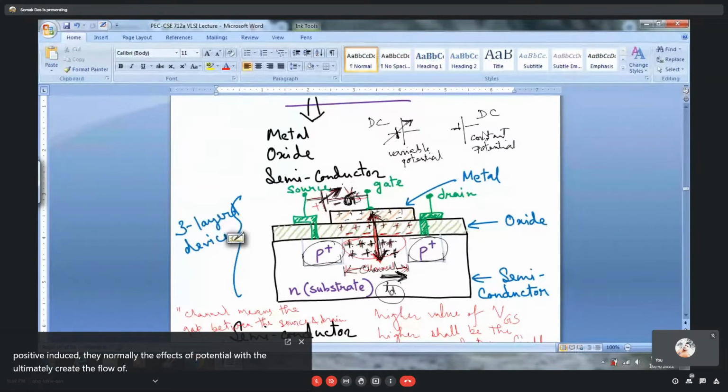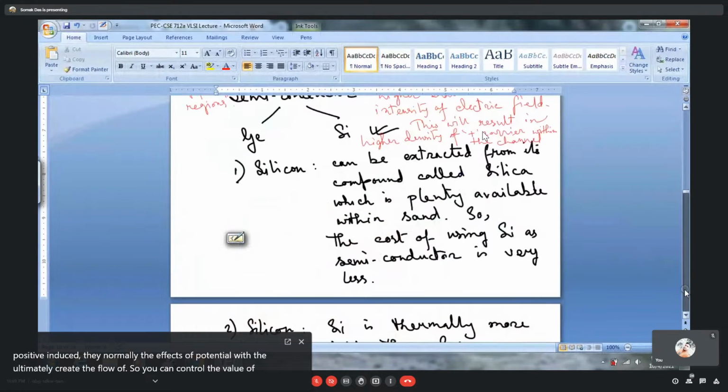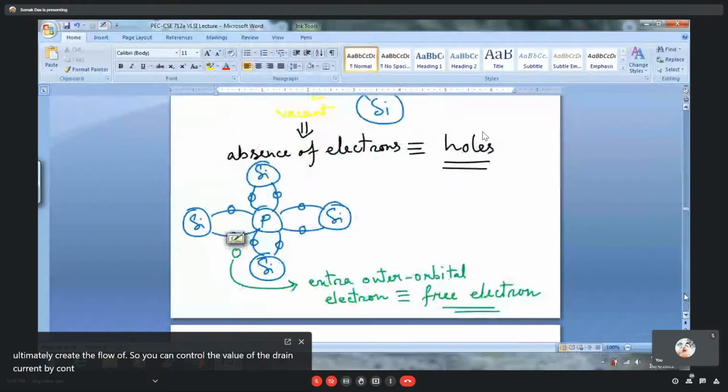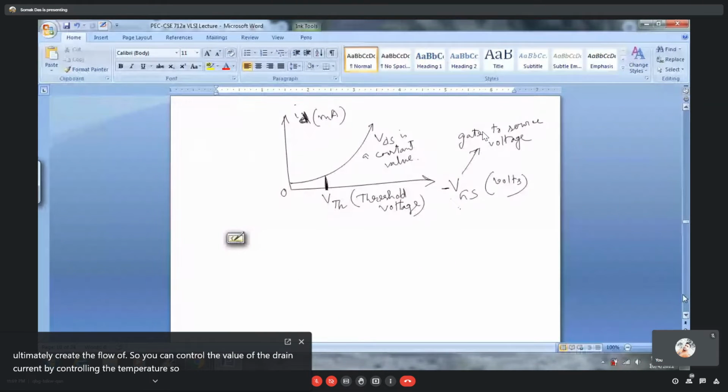So you can control the value of the drain current by controlling the gate to source potential. That's because gate to source potential is a variable potential. You can control its value. It starts from 0 to a very high value you can provide. But only after a certain value of VGS, you find the drain current suddenly increasing exponentially. Before that, drain current ideally should have been 0, but it maintained a very small value.